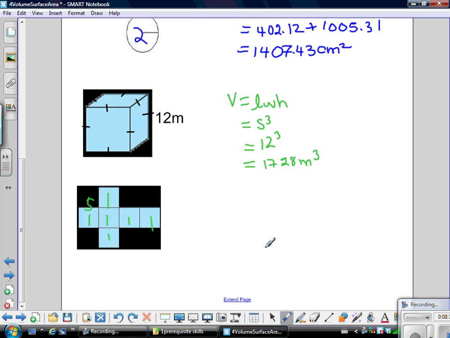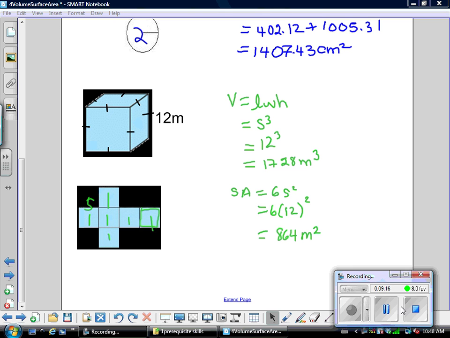So our surface area is going to be 6 of the sides squared, because the area of one of these faces is s times s, which is s squared. We end up with 6 times 12 squared, which is 6 times 144, and we end up with 864, and it's going to be meters squared because we're talking about area. So there's a couple of examples of some very basic three-dimensional shapes. Good luck with your work.